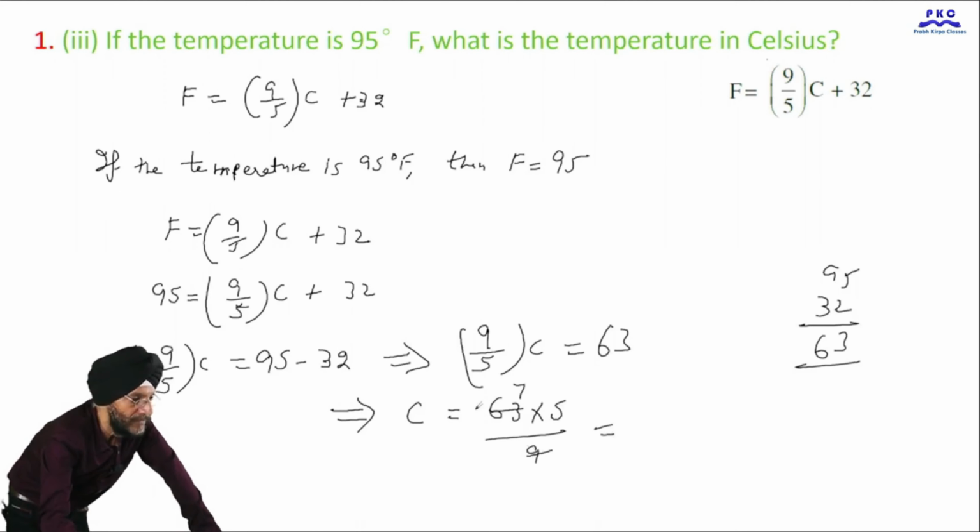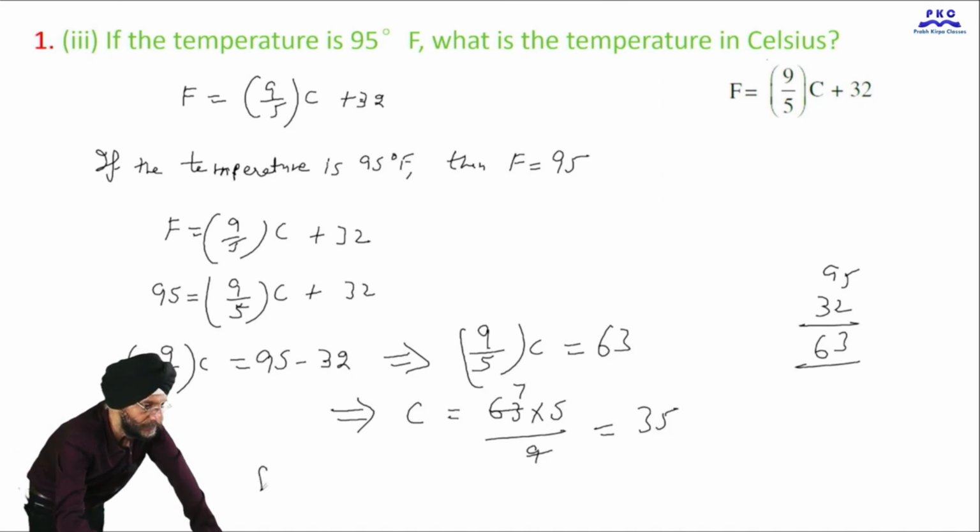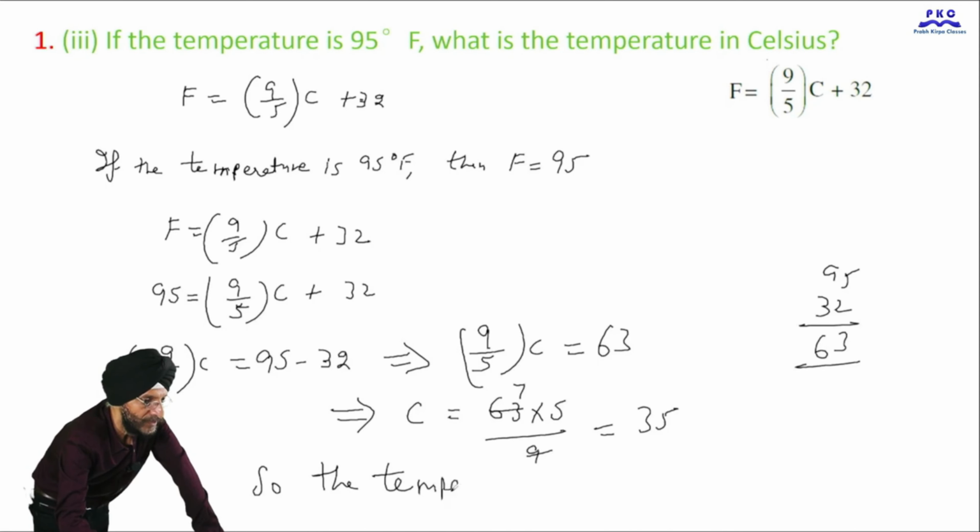It will become C is equal to 35. So the temperature in Celsius is 35 degrees Celsius.